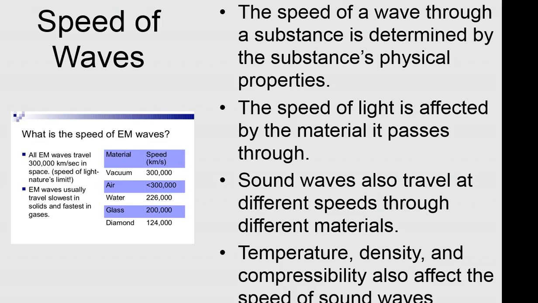Density: if it's a very thick, viscous liquid, sound waves are going to go much, much slower. And if we compress or put more air or more material in a specific space, that can also slow down the speed of sound waves. And that's it for this week, and you guys have a great day.